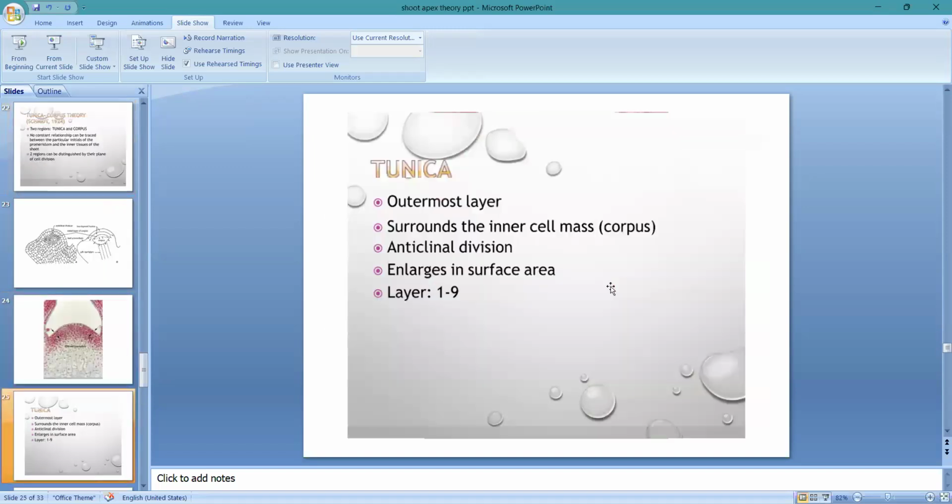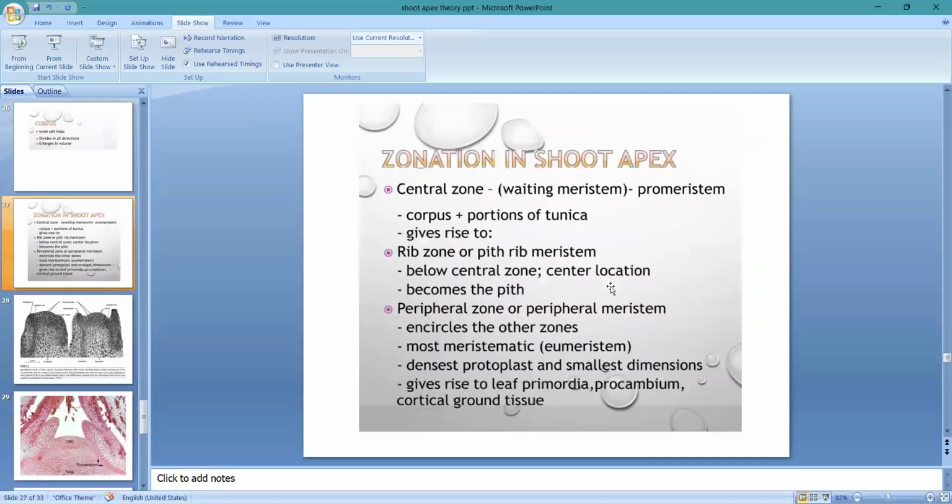That is the next theory, the fourth one: zonation in shoot apex, the theory of waiting meristem. This theory was developed by the French school, Plantefol in 1947 and Buvat in 1952.